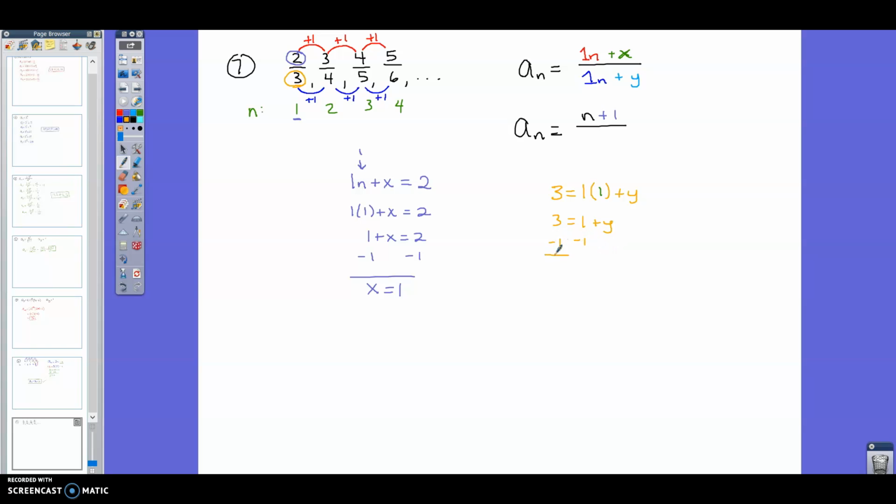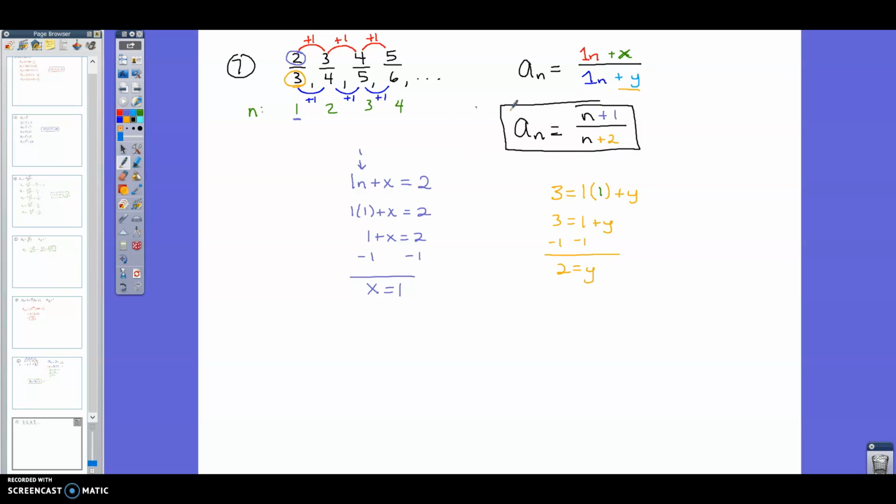Subtract 1. We get 2 equals y. So in place of this, we replace it with a plus 2. And then 1n we can just simplify as n. So this would be our rule: a of n equals n plus 1 over n plus 2.